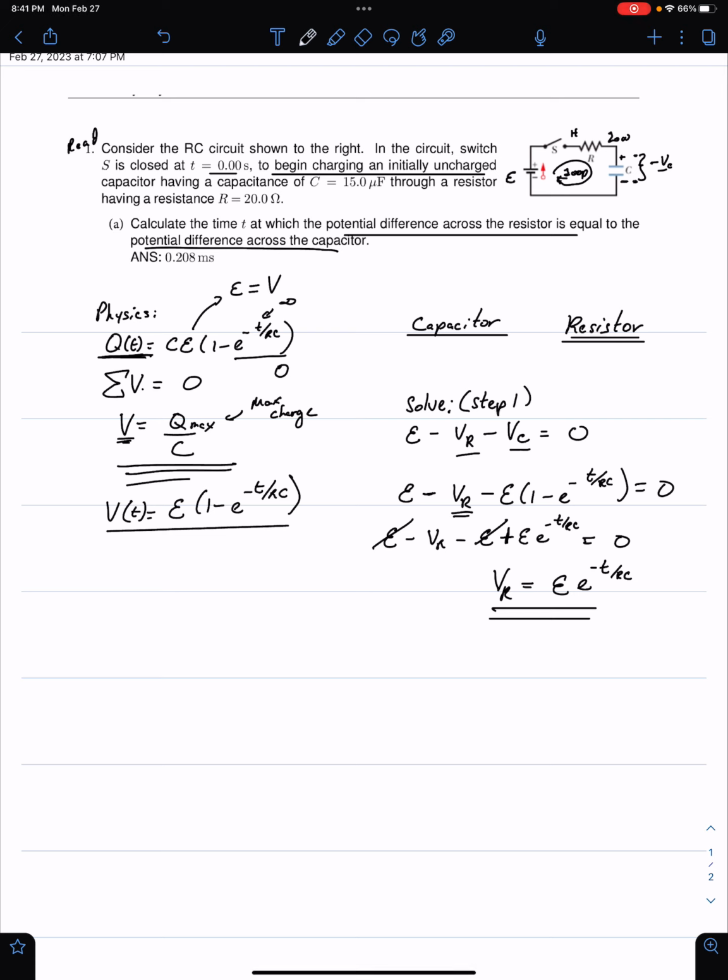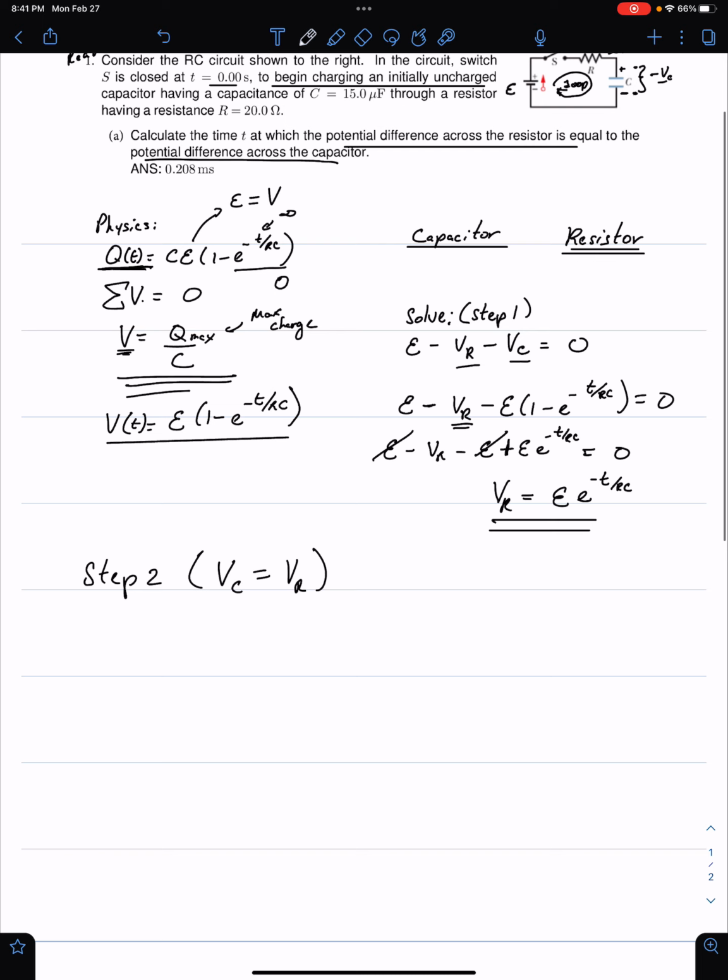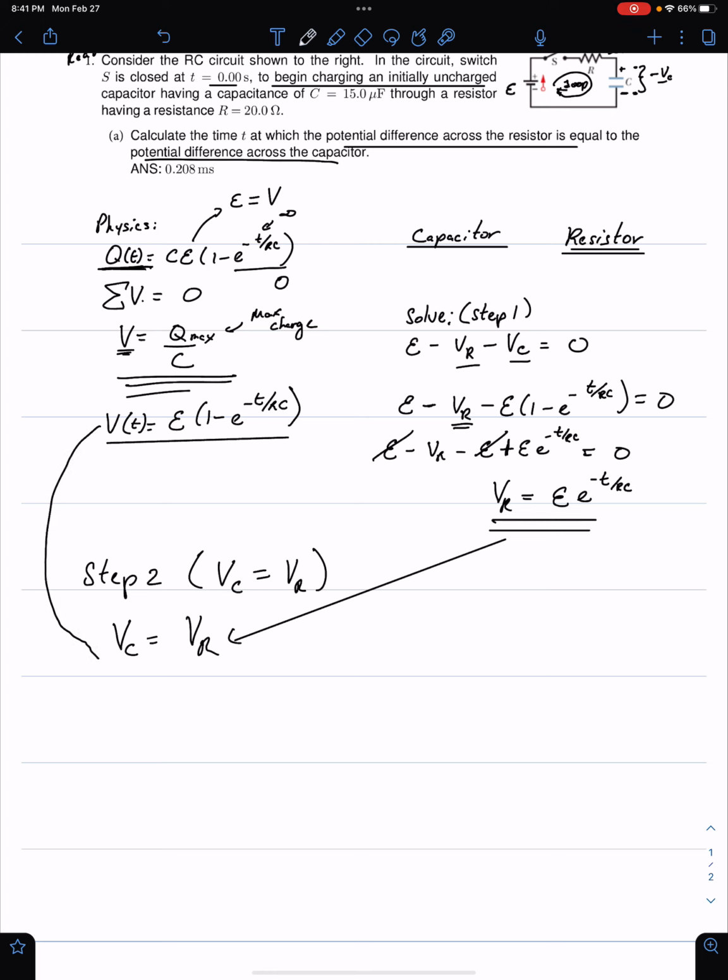And I'm going to go over here and call this step 2. And step 2 is understanding that the voltage across the capacitor is equal to the voltage across the resistor. So now what I do is simply go here, understanding that the voltage across the resistor can be substituted here, and I also have the voltage across the capacitor, which can be substituted here.